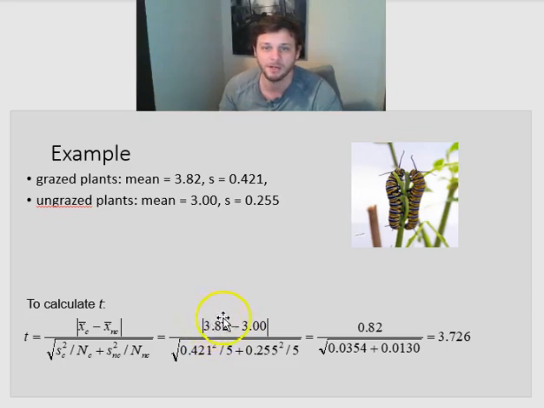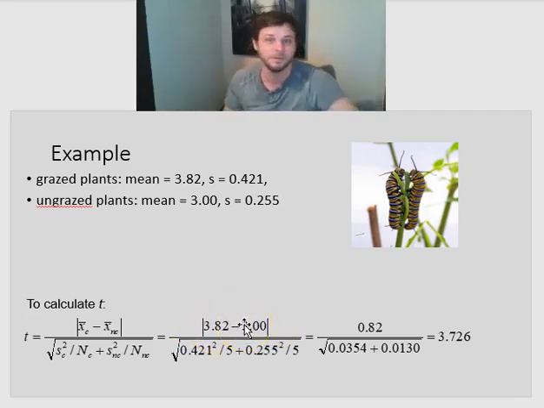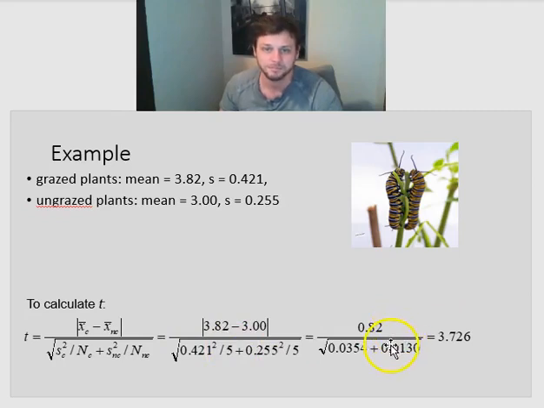We can have the ungrazed plants here. We could have 3 minus 3.82, and you will still get 0.82 because we are taking that absolute value. So it doesn't matter if you have x1 or x2 where you have them. If one's bigger than the other one, it doesn't always have to be bigger minus littler because you're taking the absolute value. You're going to end up with the same answer.